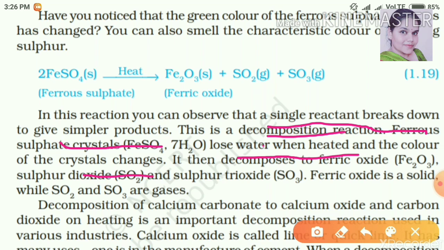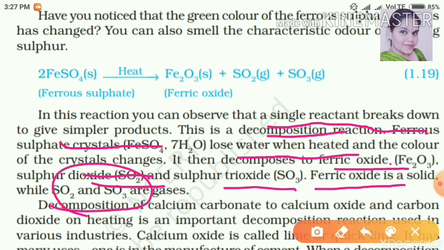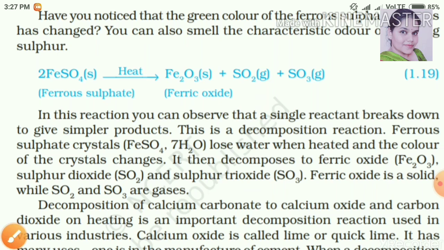It then decomposes to ferric oxide, then becomes brown and releases gases sulfur dioxide and sulfur trioxide. Ferric oxide is a solid, whereas these two are gases. So here we complete this activity.